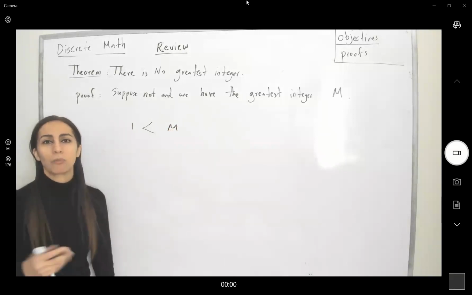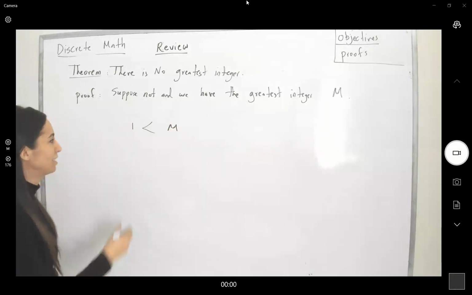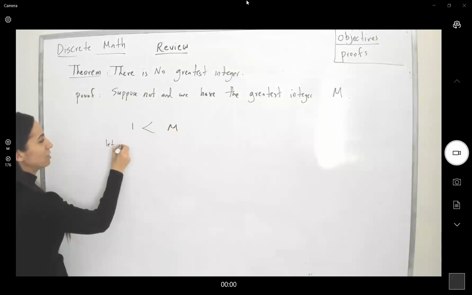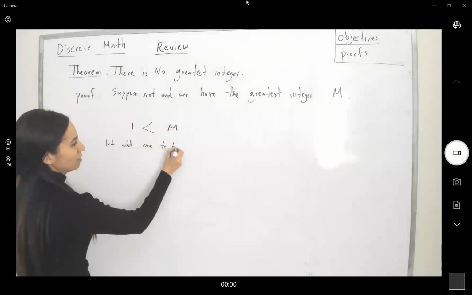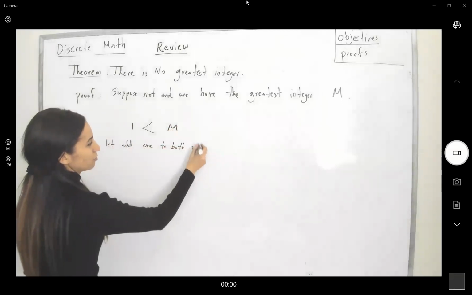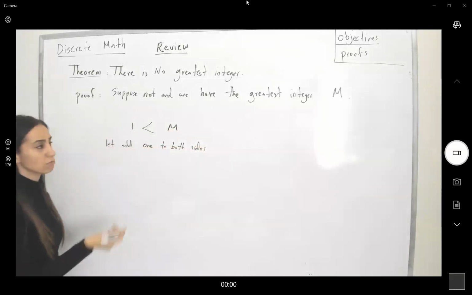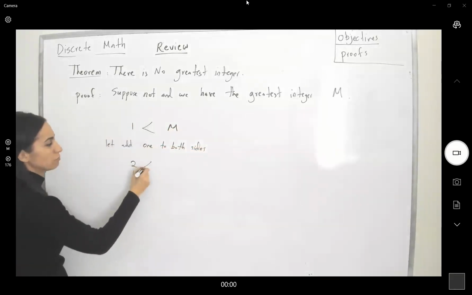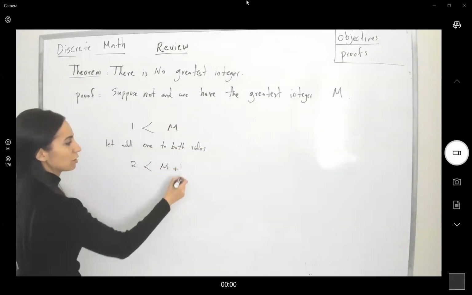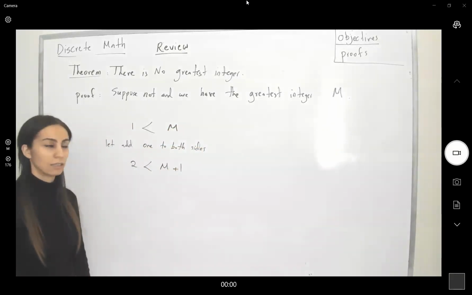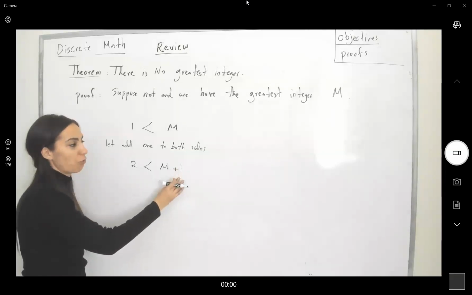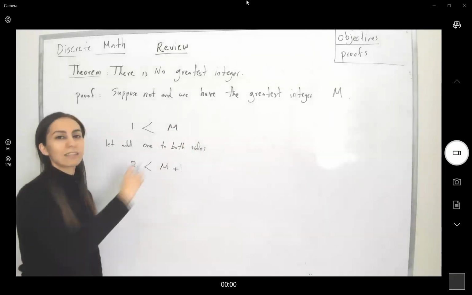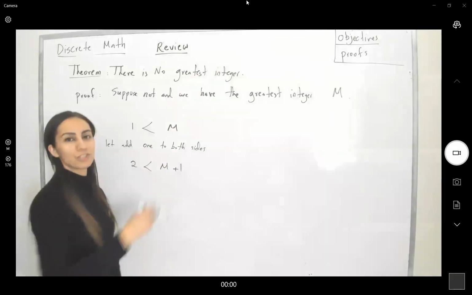Let us add 1 to both sides. What do we get? 1 plus 1 is 2, less than m plus 1. Hey, I found another integer which is 1 unit greater than my greatest integer.